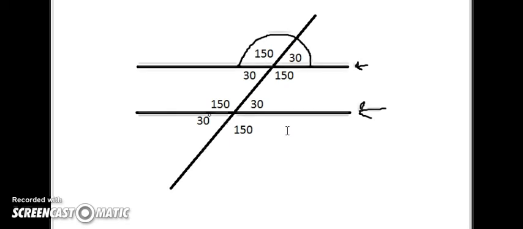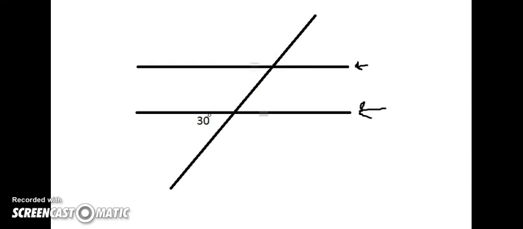And what they'll do is they won't give you all that stuff. You'll get something like this, and then something like this, and then you'll get an X right here maybe.